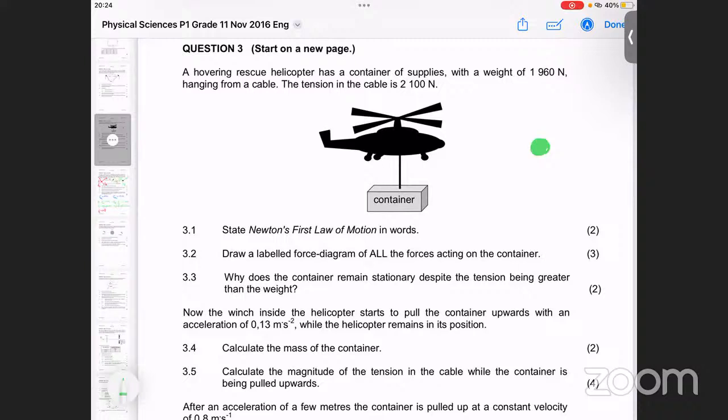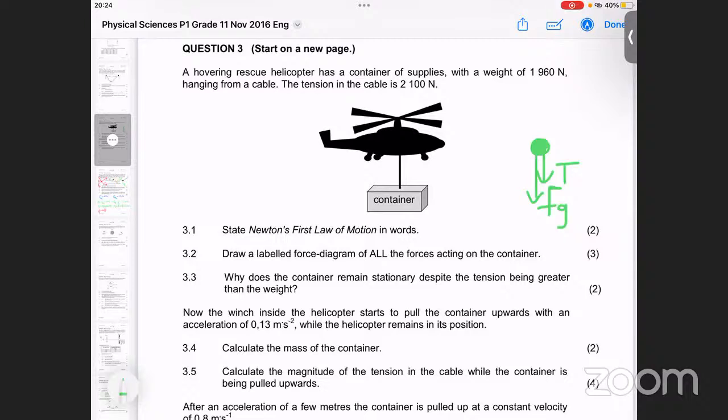So it's Fg going down. Okay, we have Fg going down. And then we have tension going down. Yeah, that's all I can see.